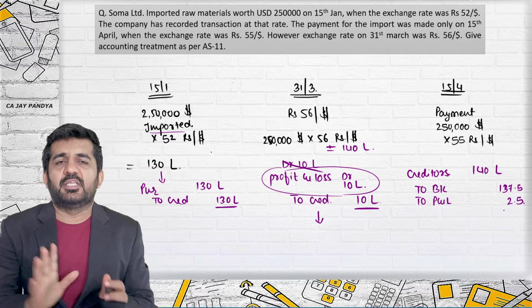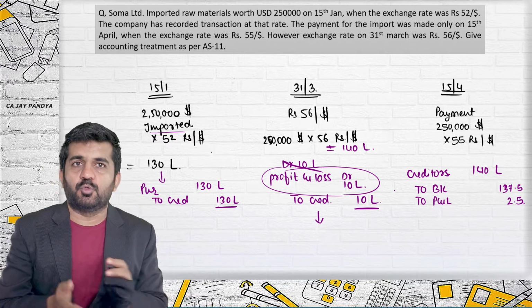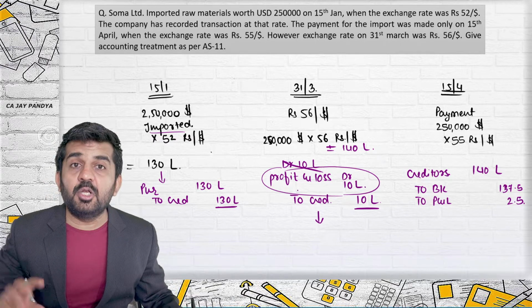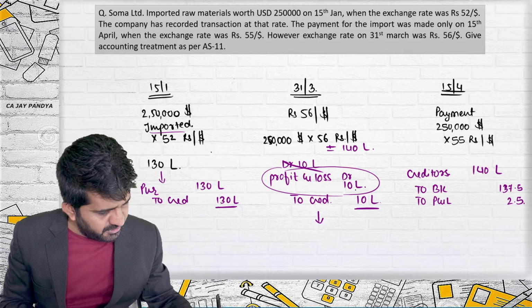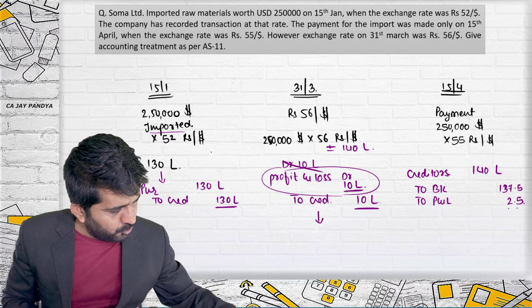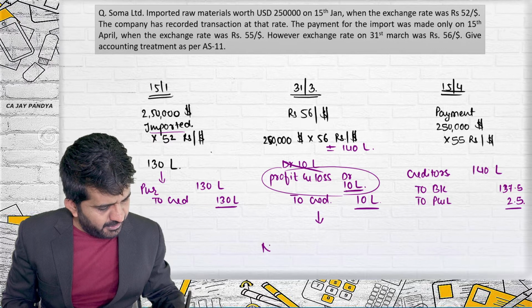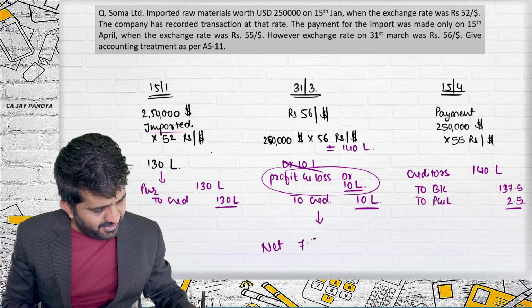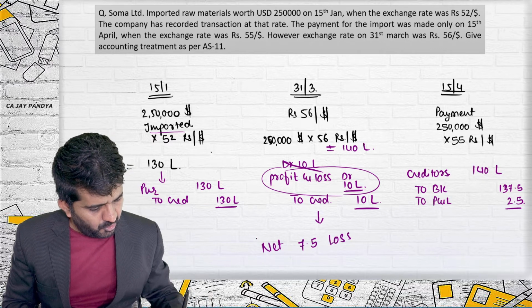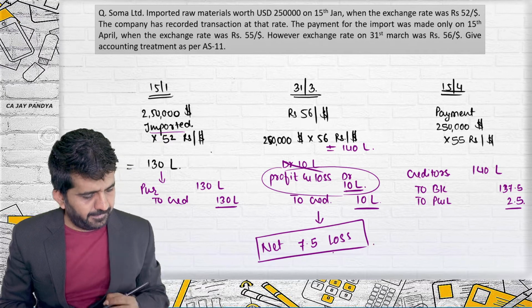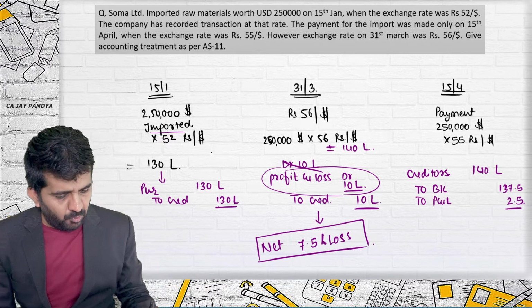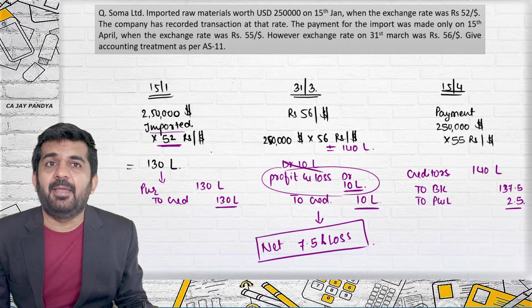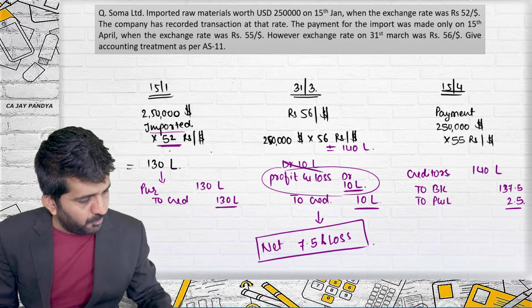This is how the points will work. What is your total profit and loss throughout the transaction over these 2 years? 10 lakh was debited, 2.5 was credited. So net is 7.5 lakhs loss. How can I find out? What was the rate payable when I purchased the goods? 52.